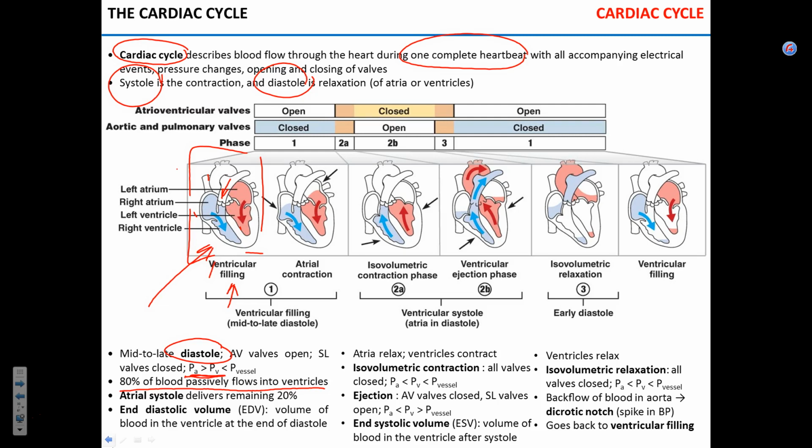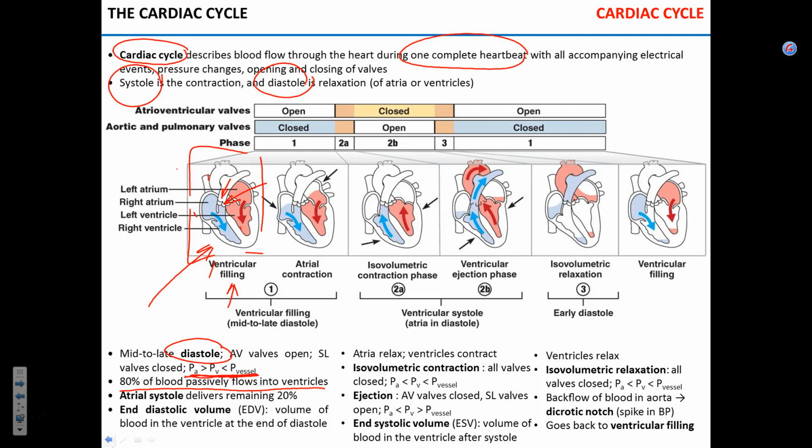What does the pulmonary valve right here separate? The pulmonary trunk and the right ventricle. So it is closed because what are the pressure relationships? Pressure in the vessel is higher than pressure in the ventricle.